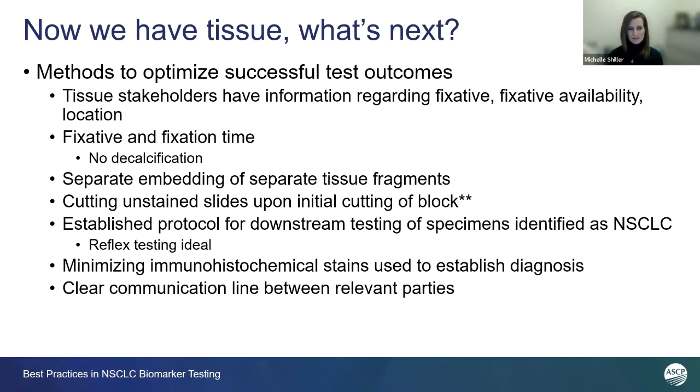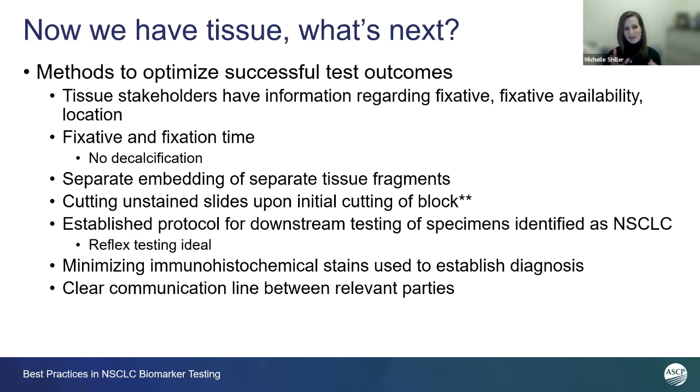One thing we did at our institution at Baylor, a long time ago, easily 9 years, is we started cutting unstained slides at the time the specimen came into the lab. Whenever a lung nodule is biopsied, it gets labeled special handling. This is before we even know whether it's an infectious process or a tumor.